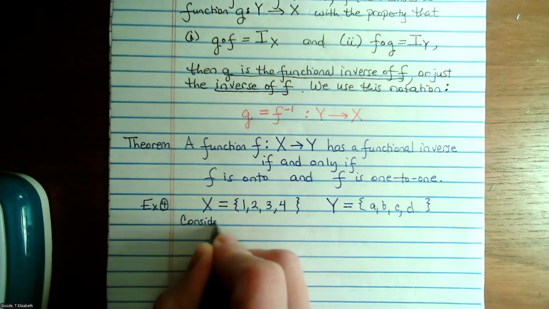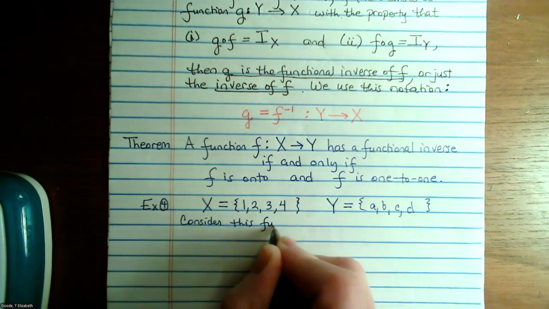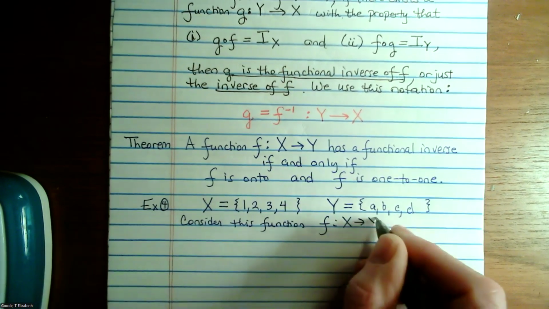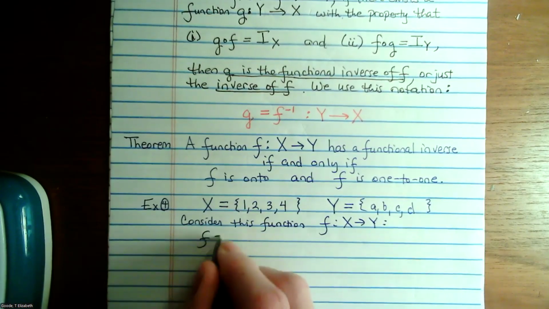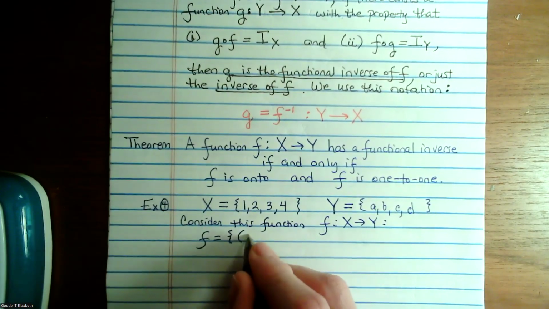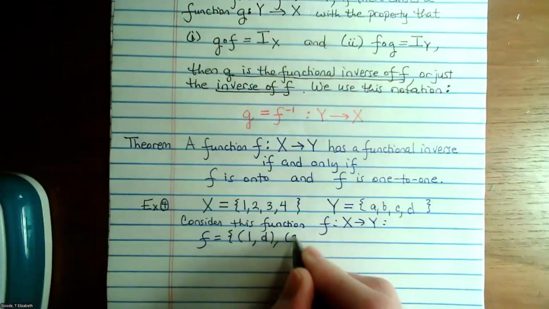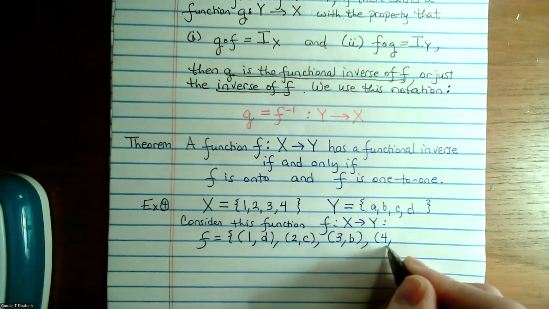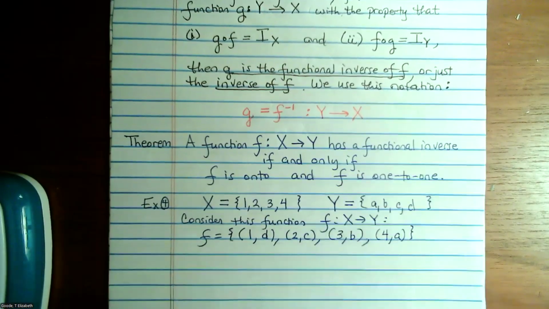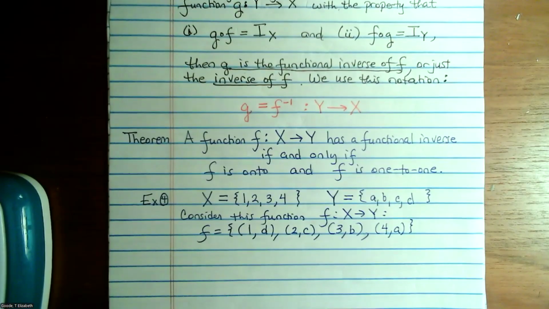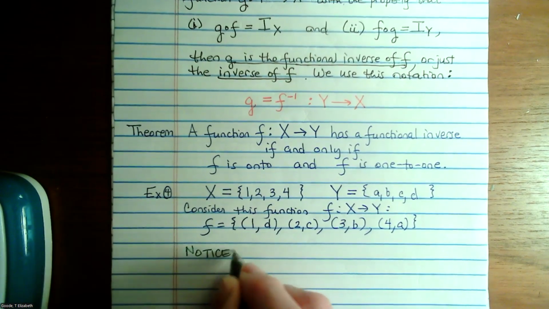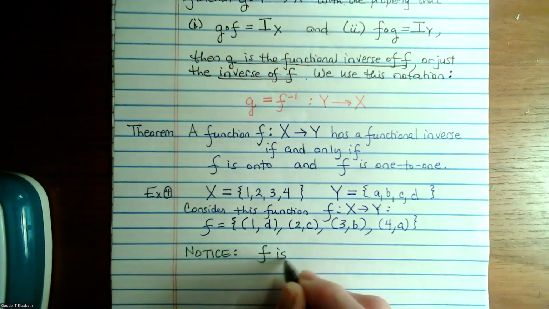Consider this function, f from X to Y. Just to make things a little different, I'm going to send 1 to d, 2 to c, 3 to b, and 4 to a, just to mix things up a little bit. So let's just notice a couple of things. f is onto.